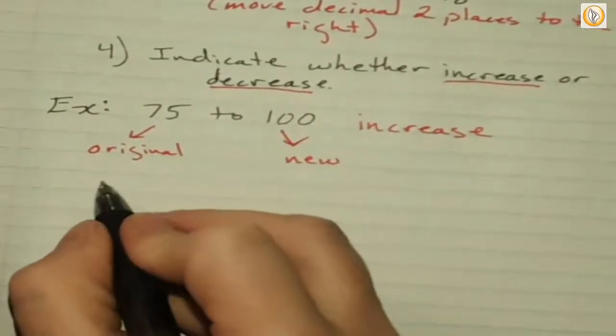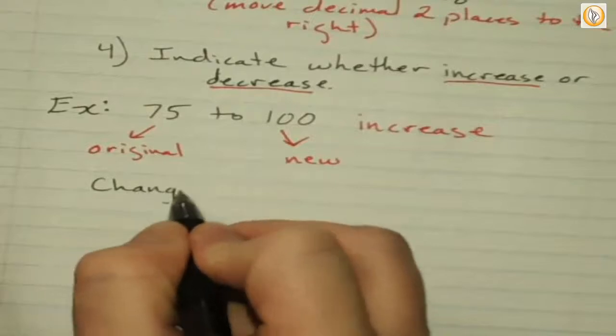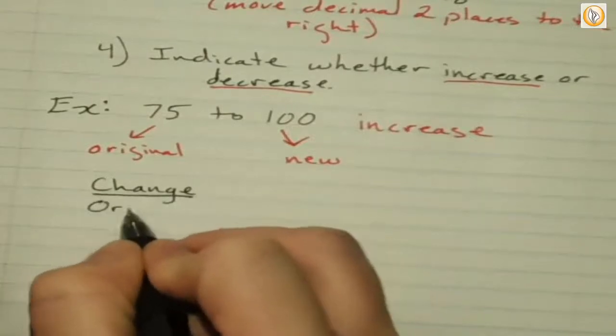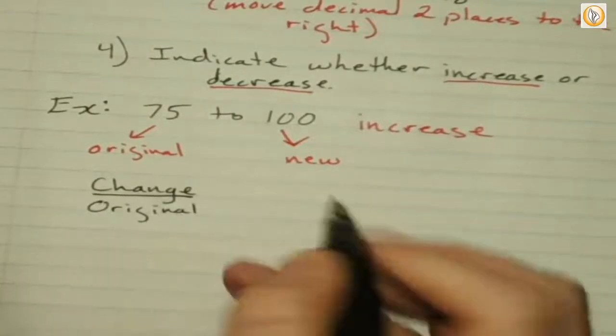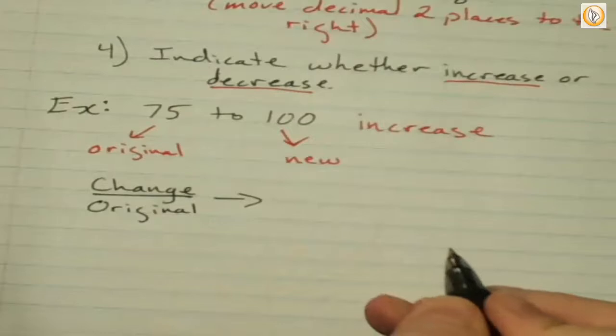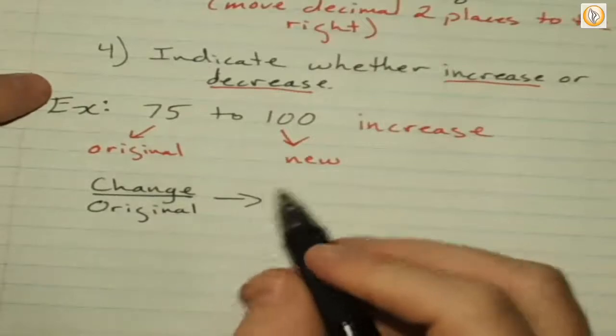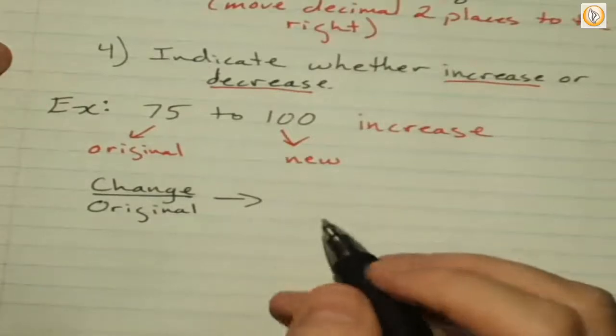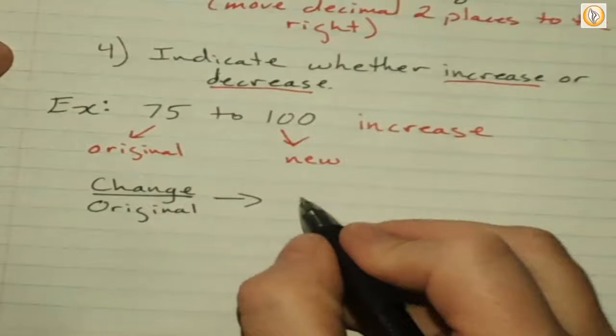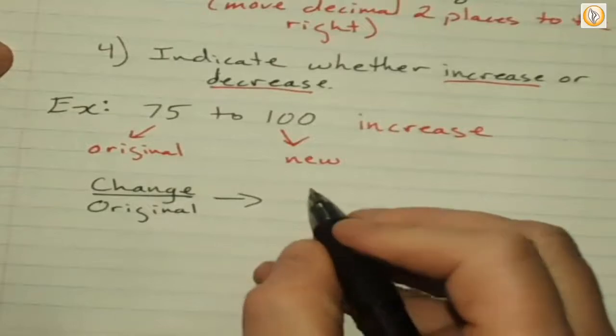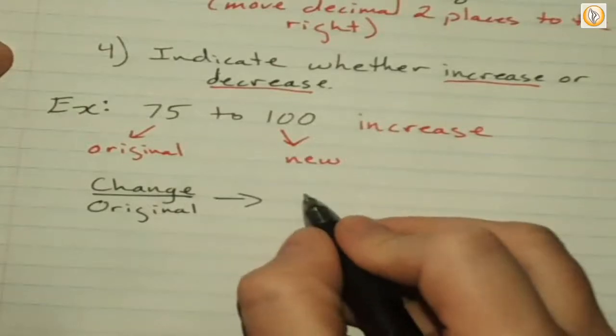All right. So the formula is change over original. So how do we find the change here? Raise your hand. Joseph? You have to subtract the original amount and the new amount.